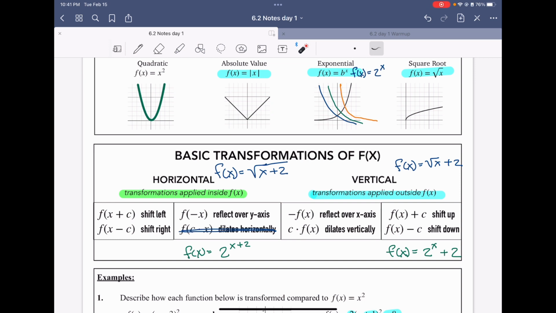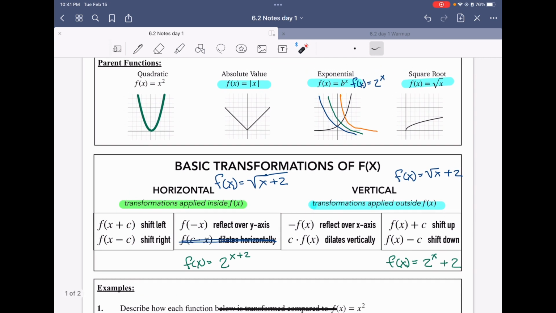Part of that is because it doesn't always make sense to write a quadratic that way. For example, y equals negative x squared, people usually don't write it the other way, because technically they could write something like this, but they don't.